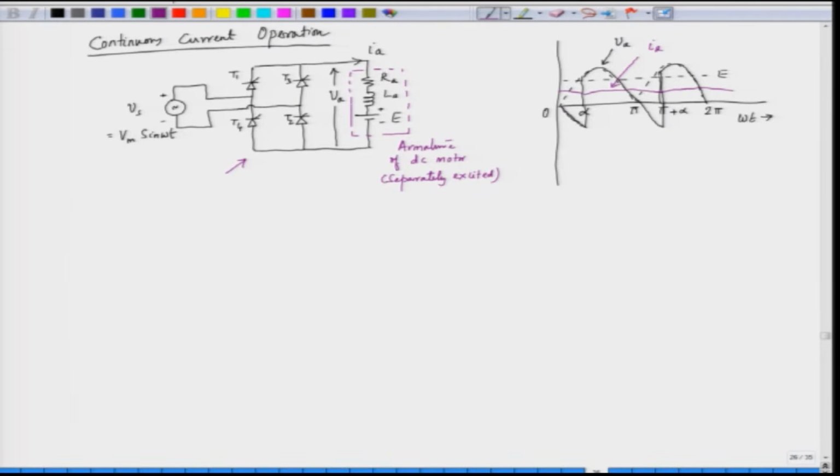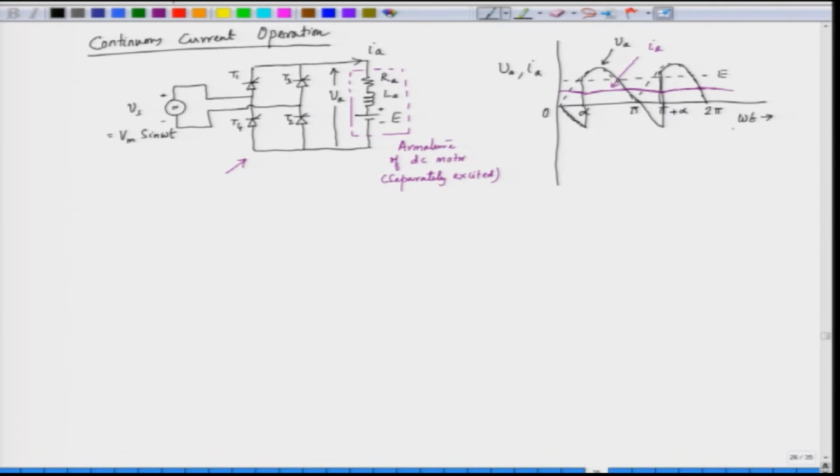This is how the current flows in the armature. This is the plot of current and voltage against omega t, a time or angle, omega t is the angle.